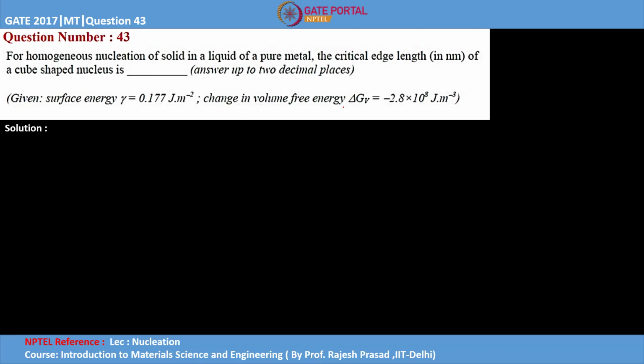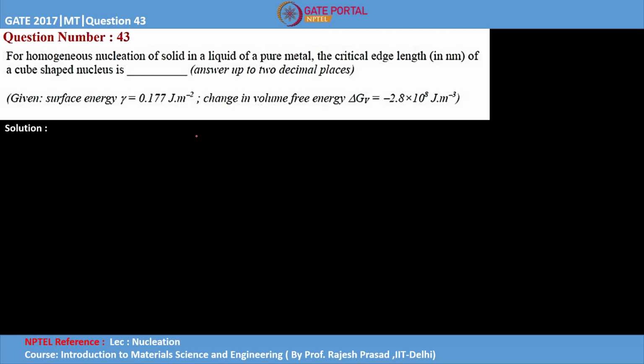Change in volume free energy delta GV is equal to minus 2.8 into 10 to the power 8 joule per meter cube. So to know more about the nucleation, you can refer lecture on nucleation by Professor Rajesh Prasad from IIT Delhi with the course Introduction to Materials Science and Engineering.